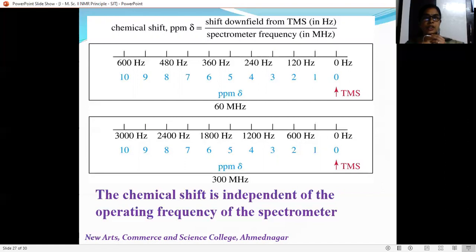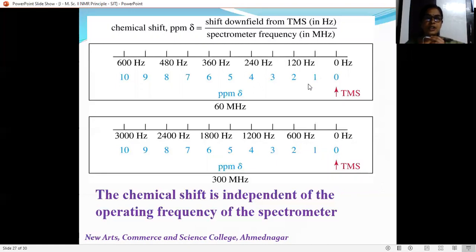This is 60 hertz on a 60 megahertz machine, and this is 300 hertz on a 300 megahertz machine. That is, the values in terms of hertz are different at different operating frequencies. But look at this scale, which is a delta scale. This one and this one, they are the same.